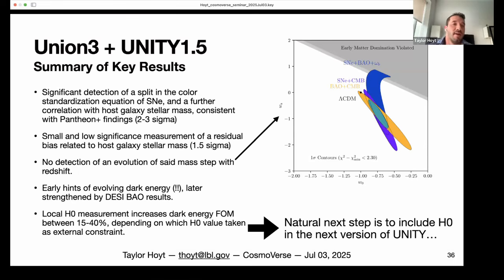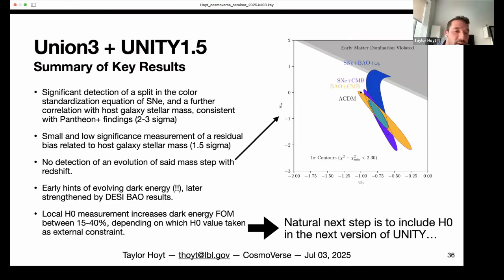So there's a significant detection of a split in the color standardization of type 1a supernovae, and a further correlation with host galaxy stellar mass, which is consistent with Pantheon Plus findings. A small and low significance measurement of residual bias related to the host galaxy stellar mass. No detection of an evolution of that mass step with redshift.